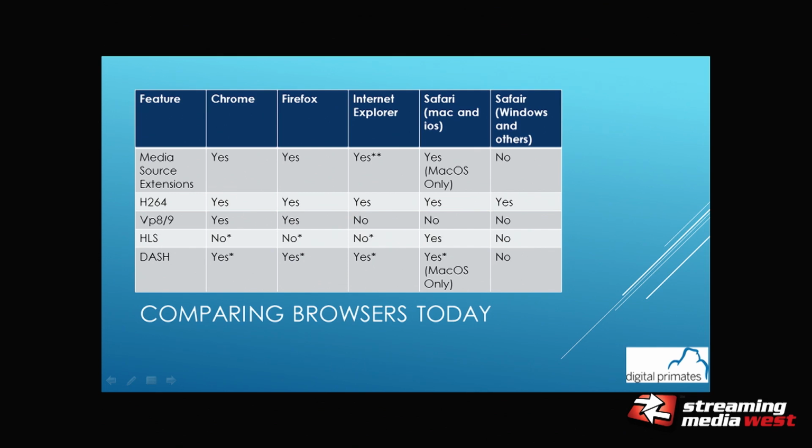HLS is only natively supported in Safari on Mac and iOS. You can build support with media source extensions on anyone that has media source extensions. And Dash with media source extensions can be played anywhere that has media source extensions. Now the interesting thing about media source extensions, well, we'll talk about those in the next slide.